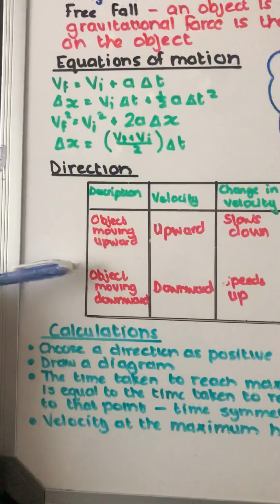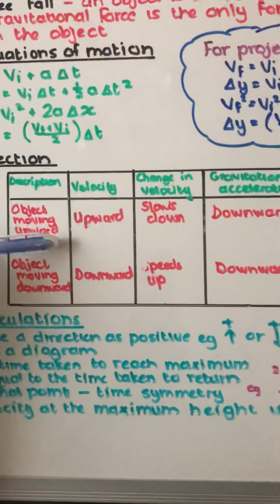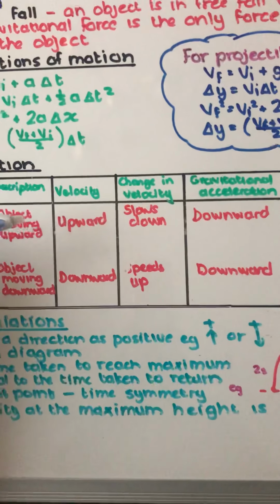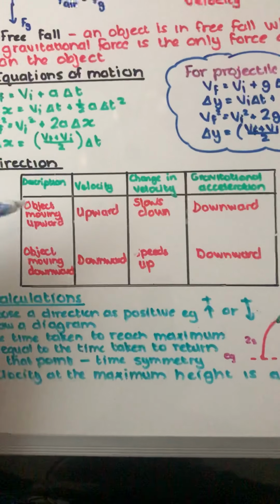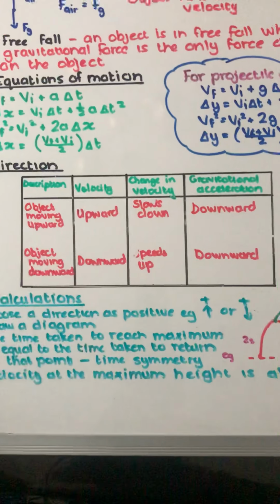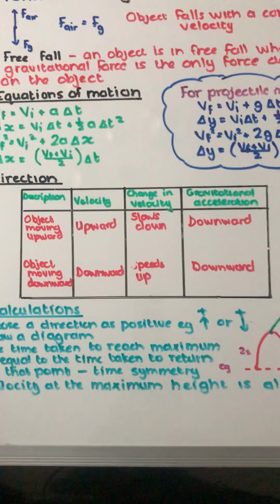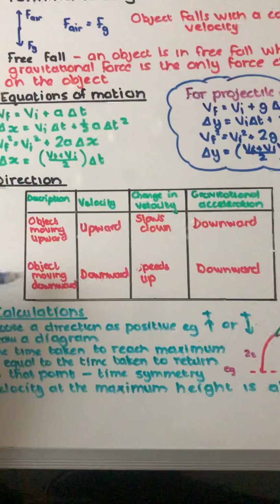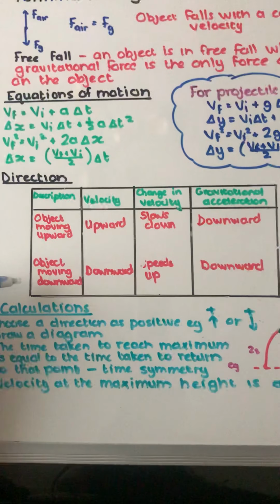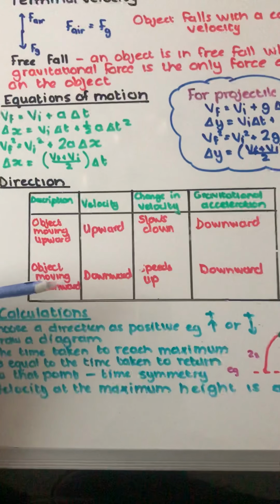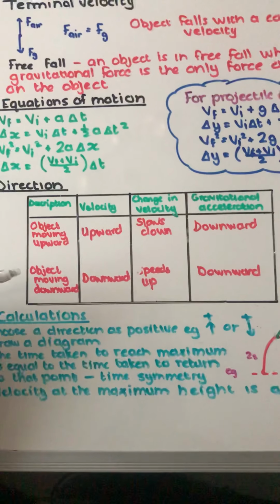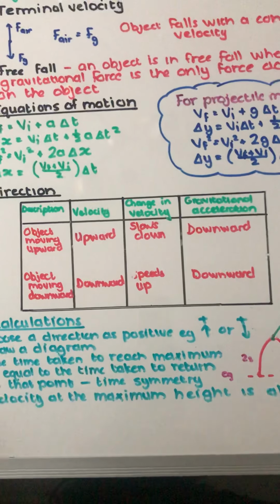When an object moves upward, its velocity is upward, its change in velocity would be slowing down, and its gravitational acceleration would be downward. For example, when we throw a stone into the air. When an object moves downward, for example, when we drop a stone, its velocity is downward, it speeds up, and its gravitational acceleration would also be downward.